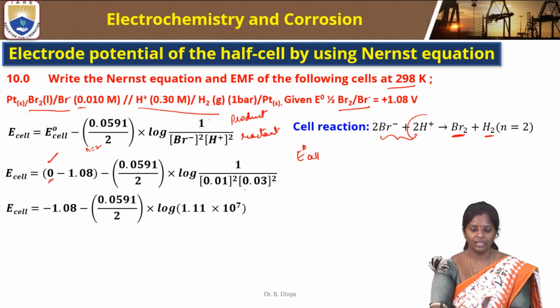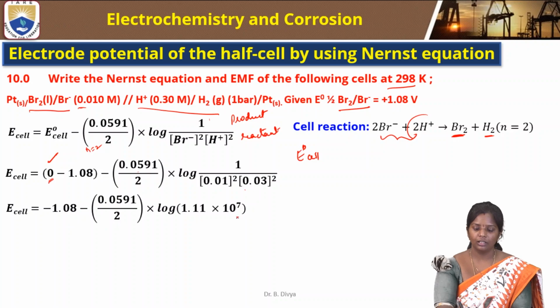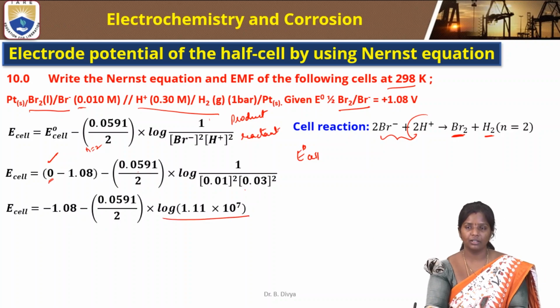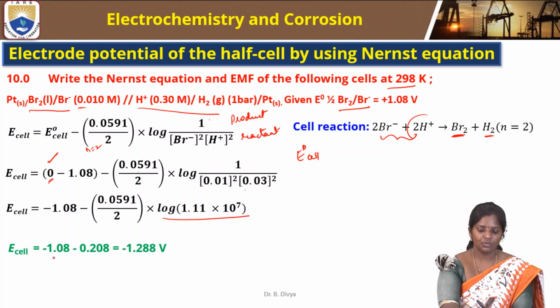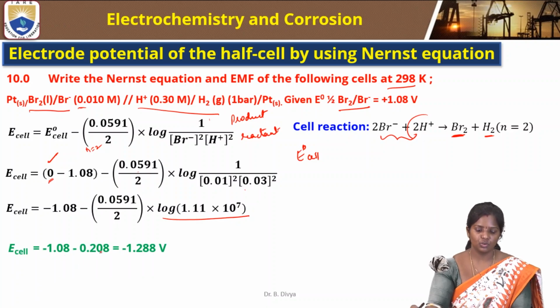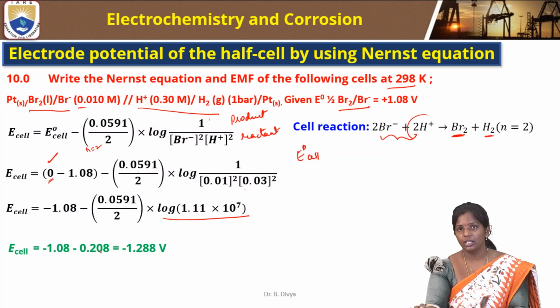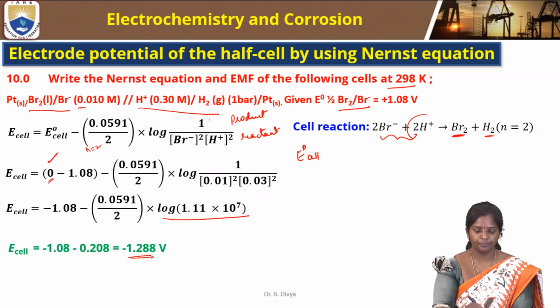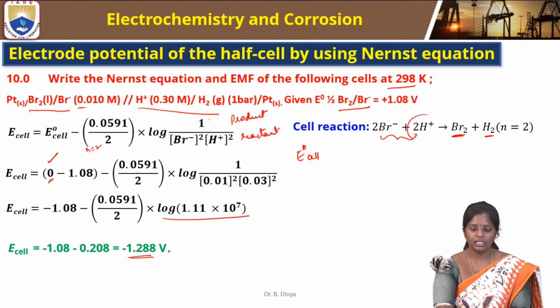So we have to calculate it. It is becoming minus 1.08, and after recalculation we get 1.11 into 10 power 7, and it is minus 1.08 minus 0.02808. So it is minus again, 1.288 volt. It is negative.